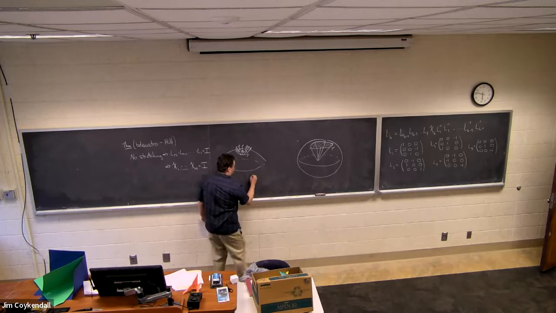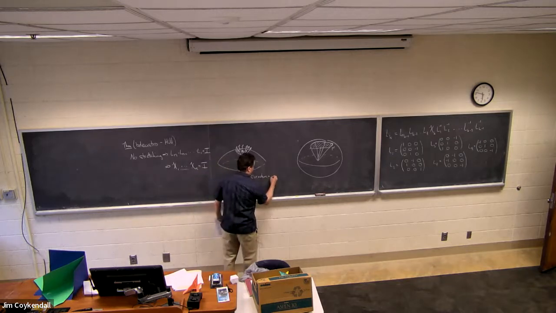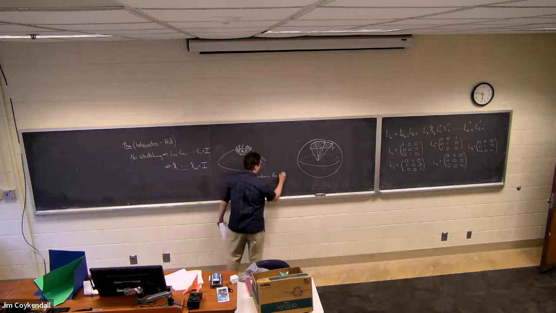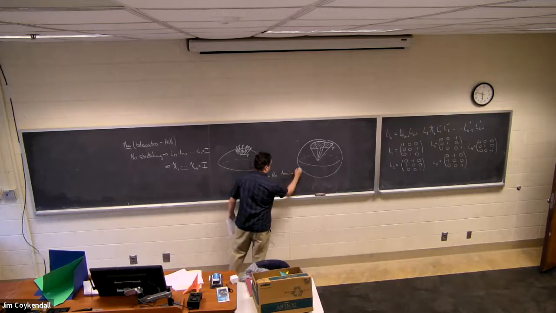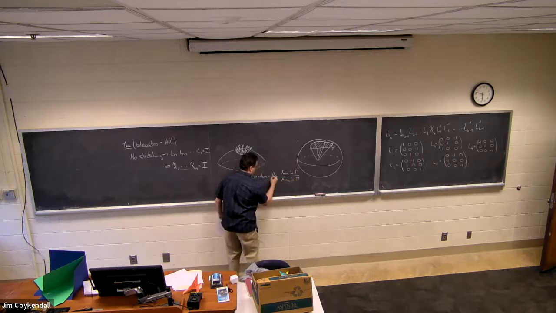And the curvature is equal to a limit of the signed area inside gamma prime divided by the area inside gamma, as gamma gets smaller.